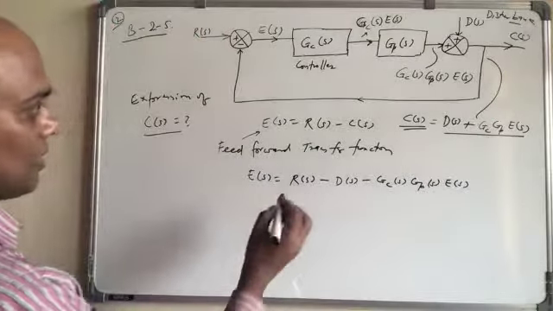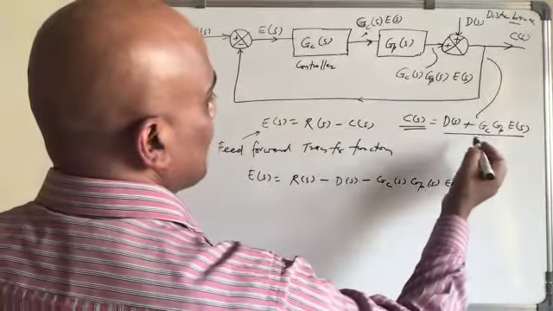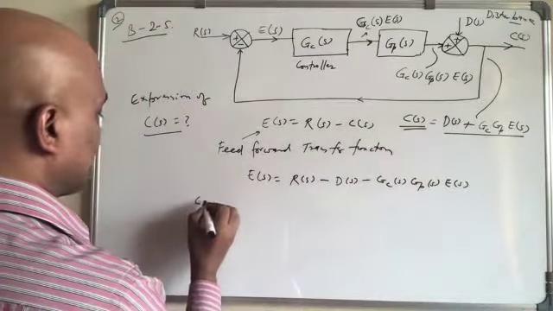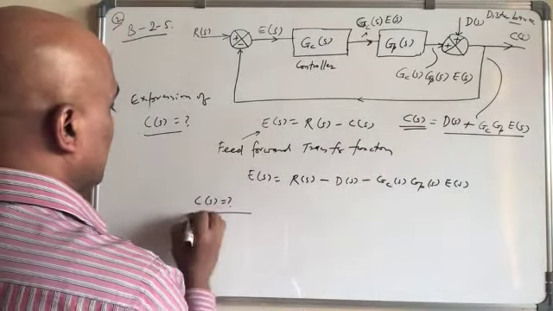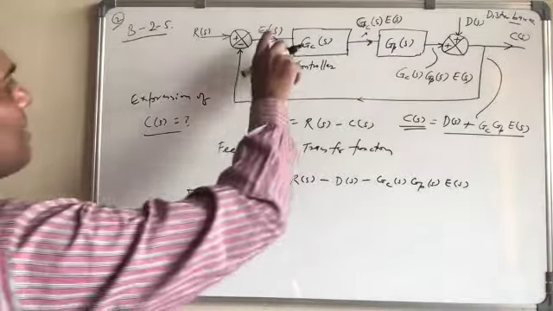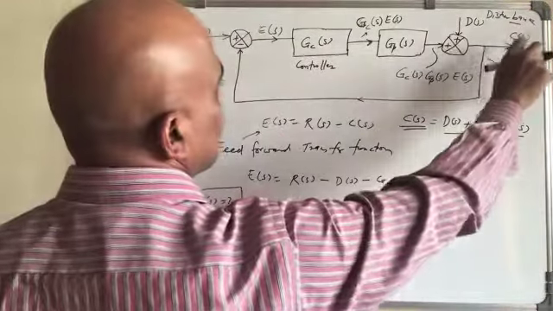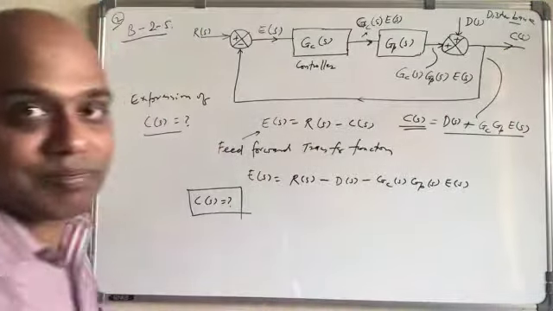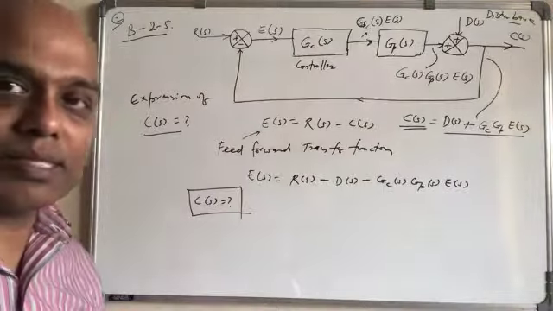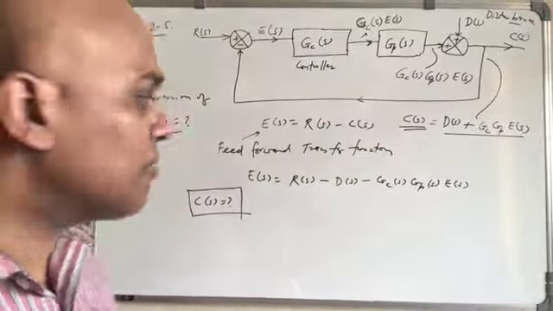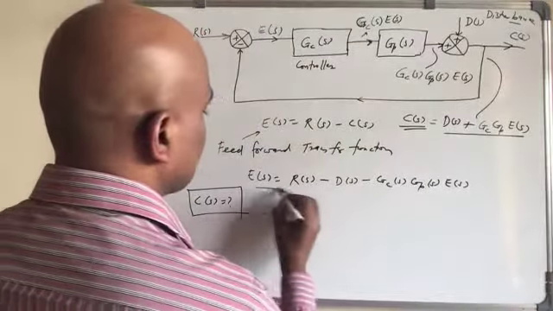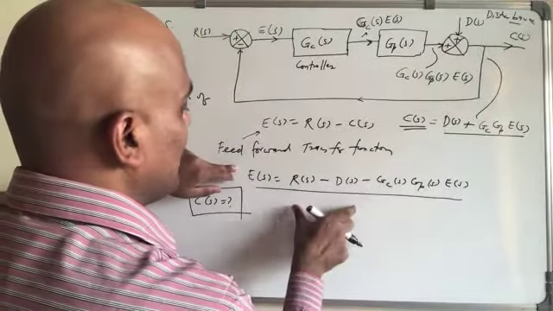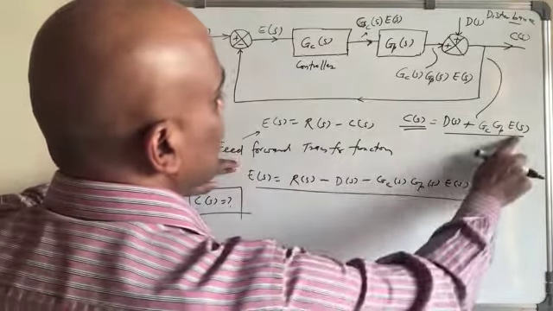Then what will be the value of CS? We have to find out CS. Only thing is what is given here is RS, CS, DS, but ES is not given. So we have to get rid of ES, and then we will get the solution, right? For that we are going to use this equation. So we will get the ES from here, and we will put it here, and we will get CS.